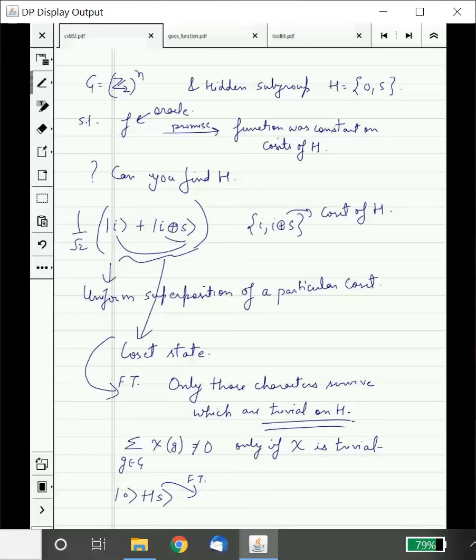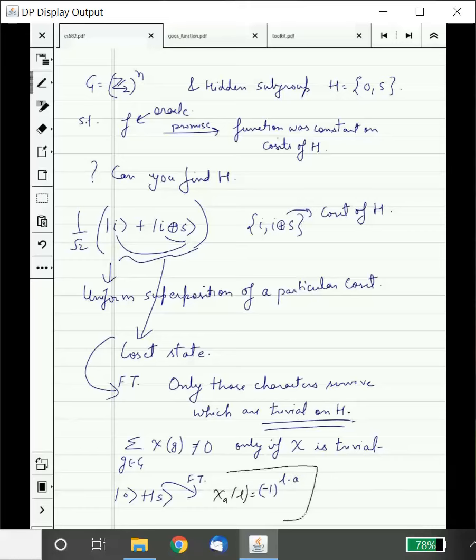Once that happens, then we know that when you measure, you will only get those characters which are trivial on H. This even happens here. The characters in this space are (-1) to the power L dot A. So chi A of L is this.